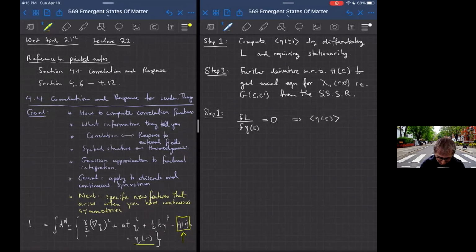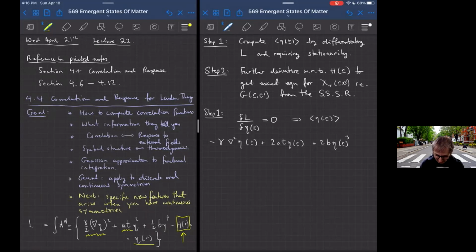When you differentiate the first term, that's going to give you a term minus gamma del squared eta of r. And then the derivative of the second term is going to be 2at eta of r. And then the derivative of the third term is going to be 2b eta of r cubed.